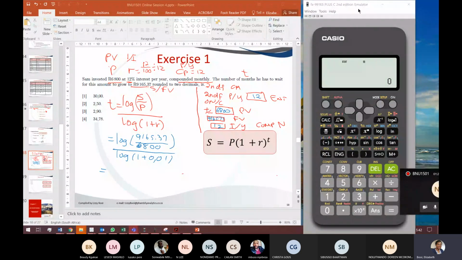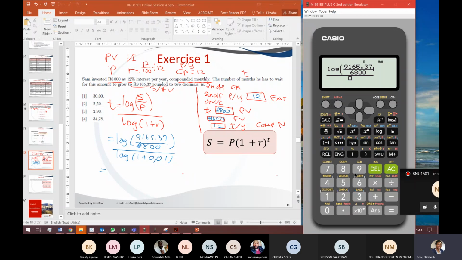Those with this kind of calculator, it makes life easy because you do have the fraction. At the moment, my calculator is not in the normal mode. I need to take it to normal mode so that I can use my fractions. It's in my math mode. So I'm going to do the log, and since my log has the fraction, this will be 9,165.37 divided by 6,800.